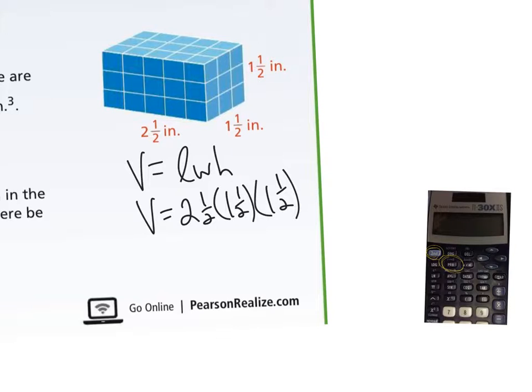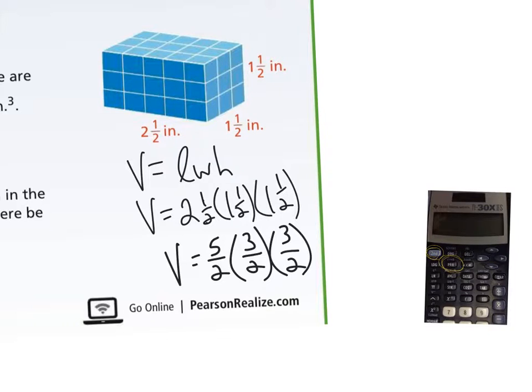We're just going to multiply and get our answers. So again, technically very similar to what we did up above. 2 times 2 is 4, plus the 1 on top makes that 5 halves. 1 times 2 is 2, plus the 1 on top is 3 halves. And then we've got another 3 halves. And we can multiply those. 5 times 3 is 15. 15 times 3 is 45. 2 times 2 is 4. 4 times 2 is 8.